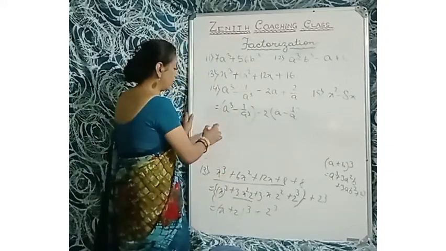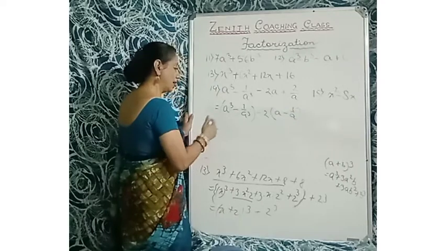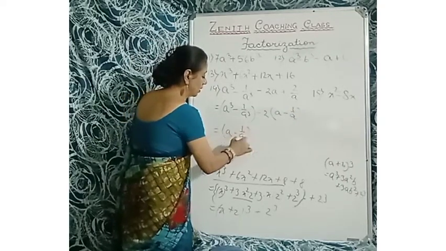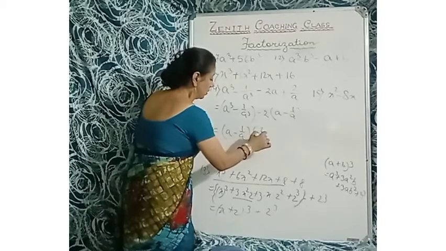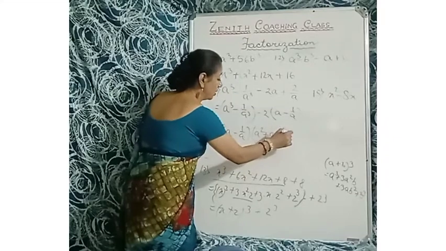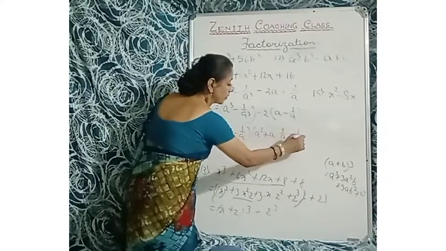So a cube minus 1 by a cube, that is a cube minus b cube. So a minus b, a square plus ab plus b square: a minus 1 by a, a square plus a multiplied by 1 by a plus 1 by a square.